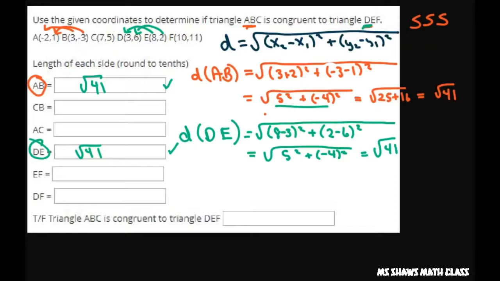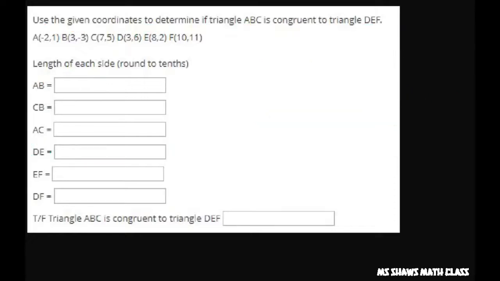Now let's move on and do BC, which goes with EF. So we're doing BC, or CB, which goes with EF. We can write that as BC if you want. So we're going to do the distance formula. So for CB, I'm just going to go this way.